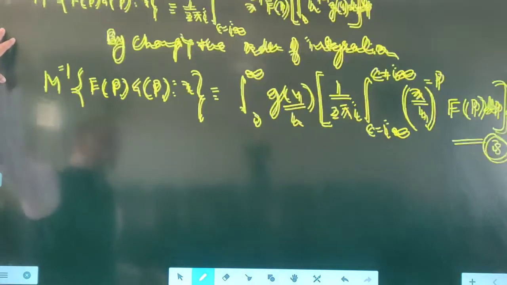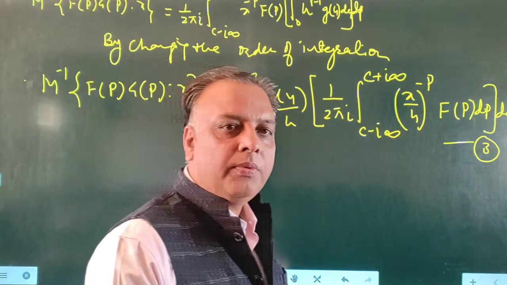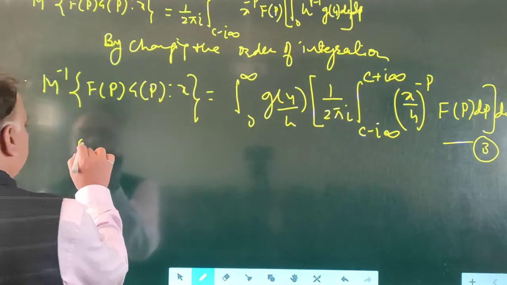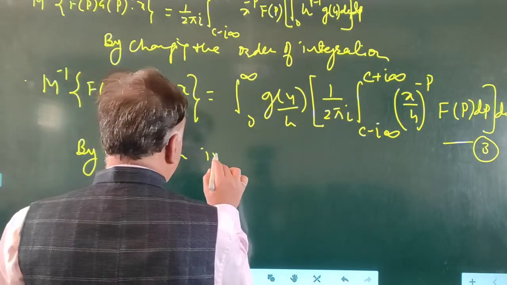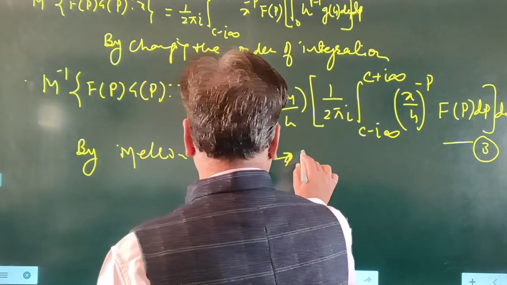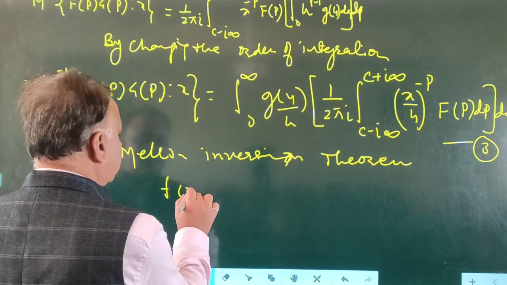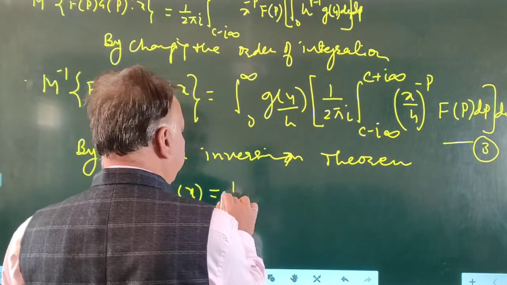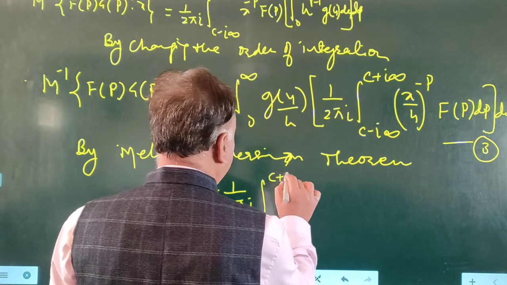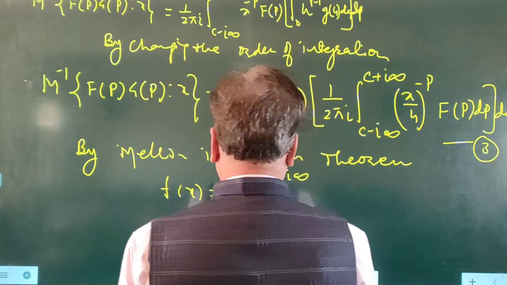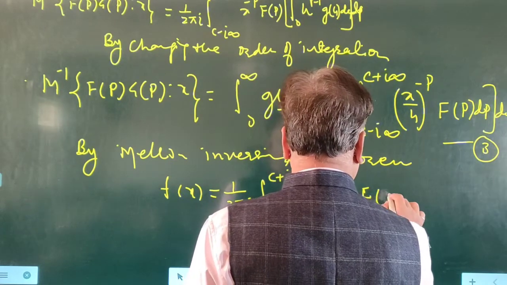As F(p) is the Mellin transform of the function f(x), so f(x) is the inverse Mellin transform of F(p). So by the inverse Mellin inversion theorem, the function f(x) is equal to the inverse Mellin transform of the function F(p), which is equal to 1 upon 2 pi i, the integral from c minus i infinity to c plus i infinity of x raised to minus p F(p) dp.